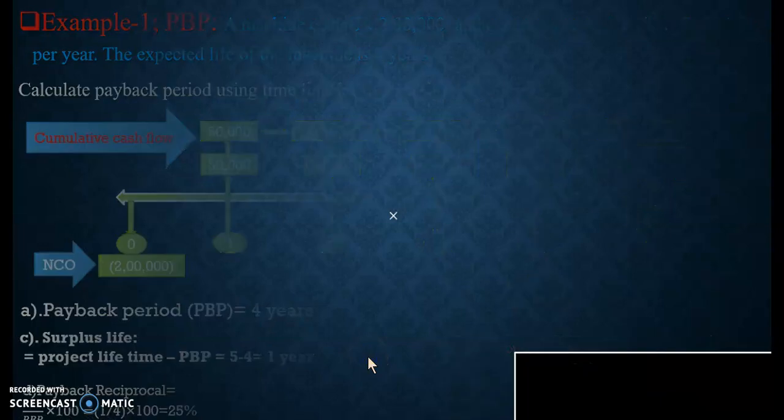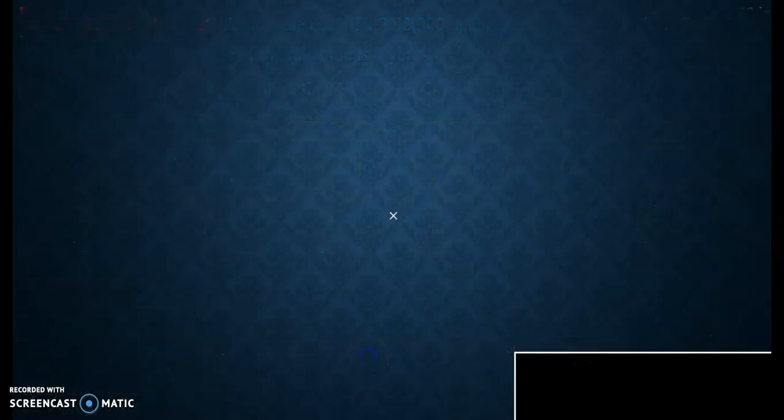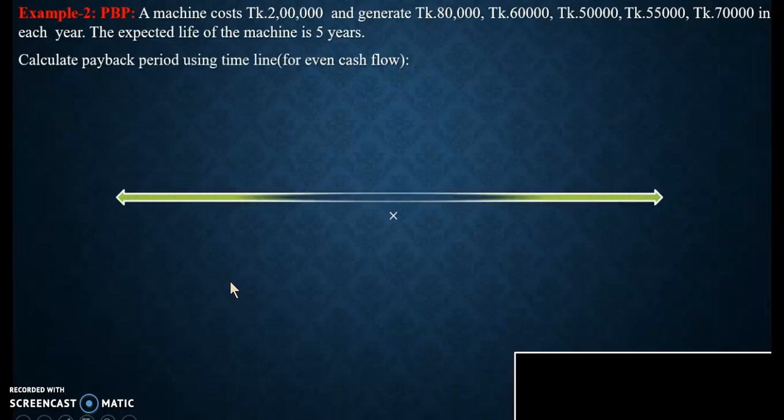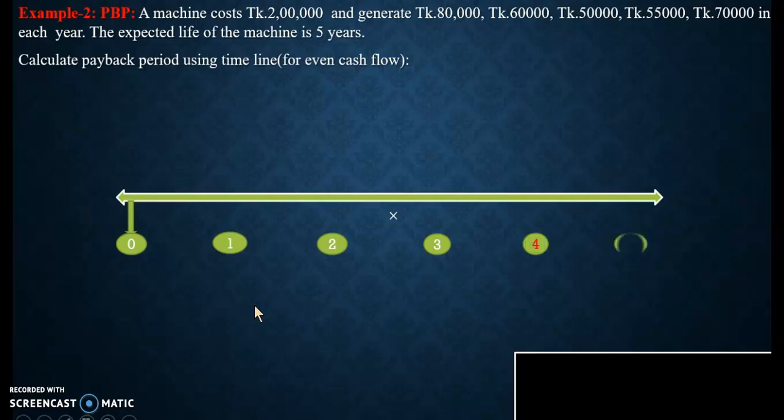We also have another example, for uneven cash flows, and we calculate the payback period using a timeline. Dear students, look at the timeline. Year 0, 1, 2, 3, 4, 5.